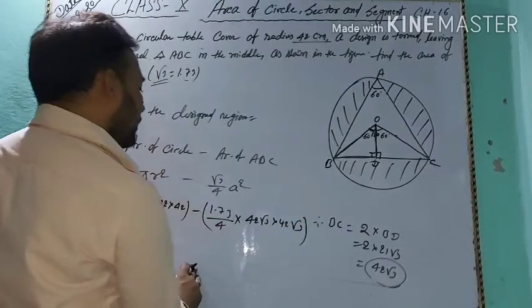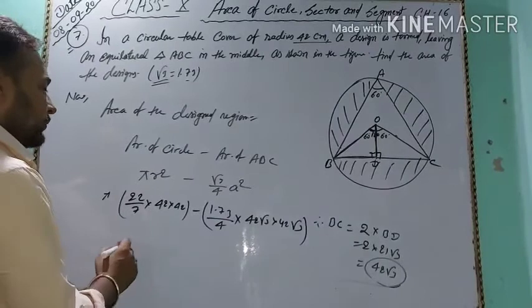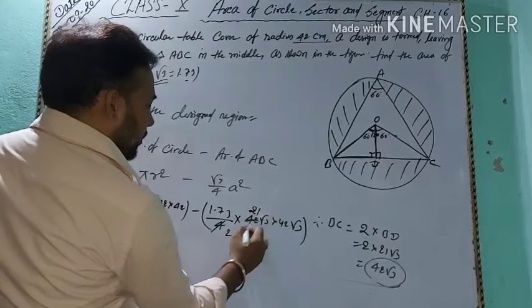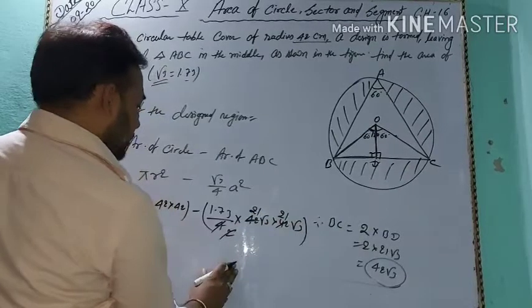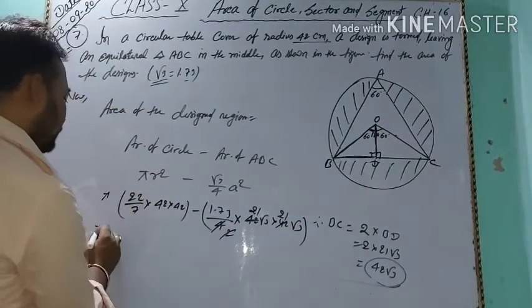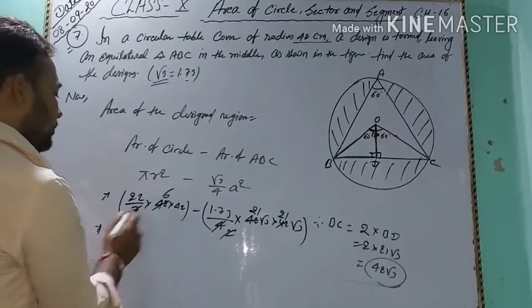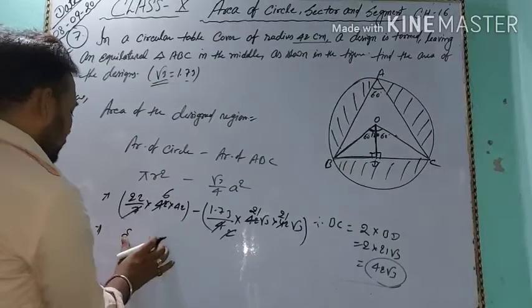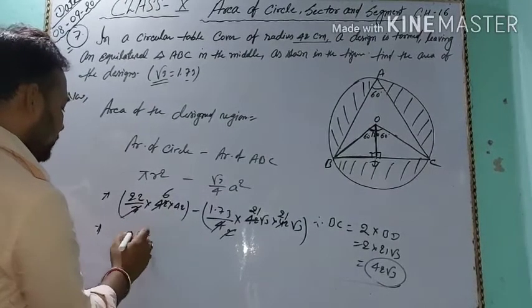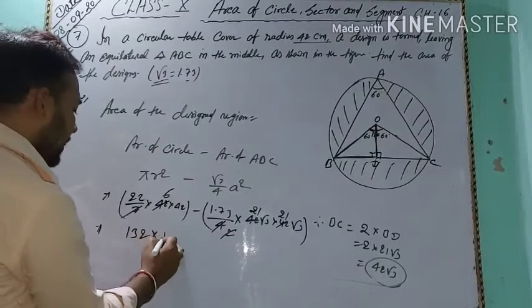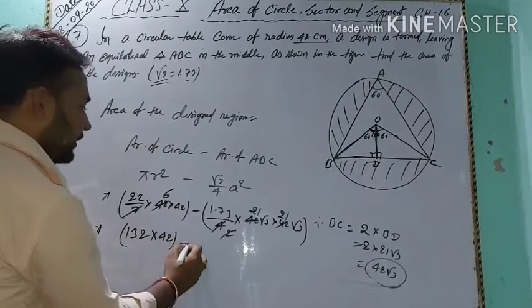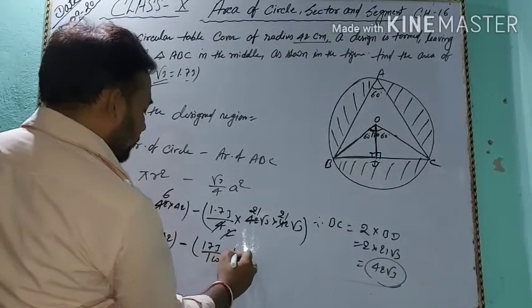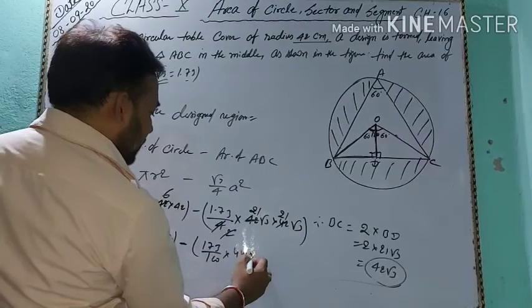So students, 2 2 ja 4, 221 and 221. And 7 6 ja 42. So 22 multiply 6, 132 multiply 42 and minus 173 by 100 multiply 441 multiply 3.